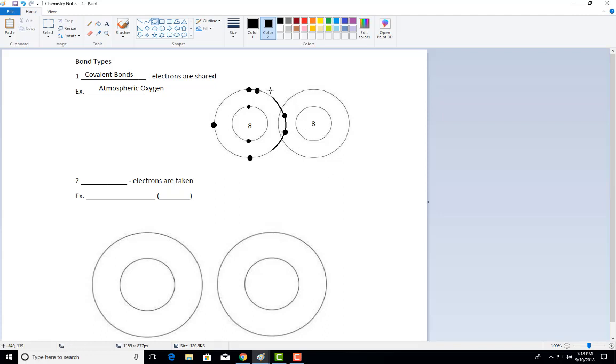Okay? Notice that these 2 that I just put on are kind of closer to this guy. All right? So where would this guy's 8 electrons be? Well, 1, 2, 3. And instead of going this direction, usually we add to the right, we're going to go this way just to show.